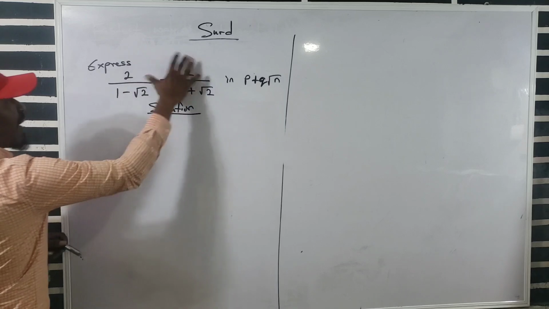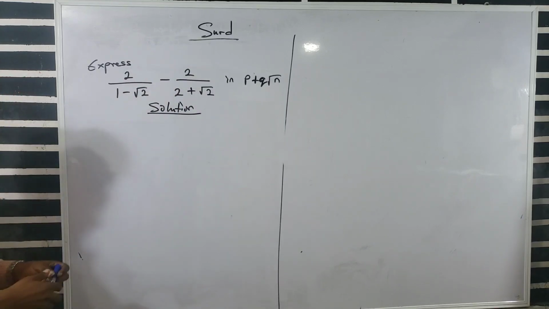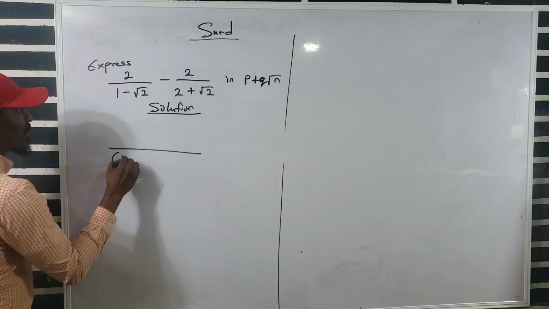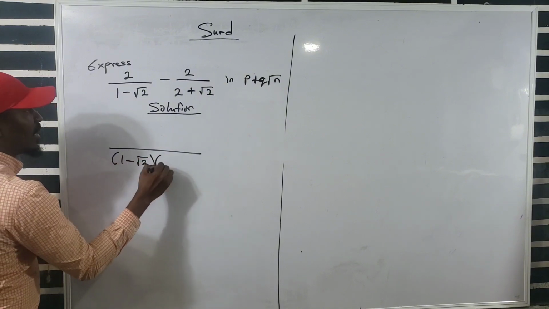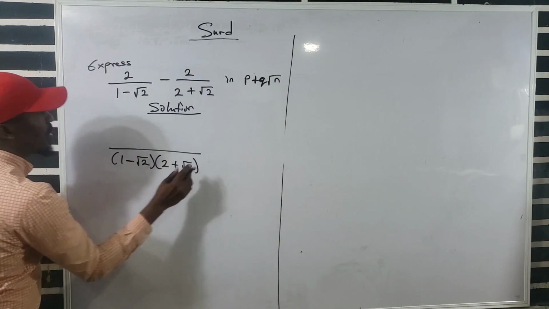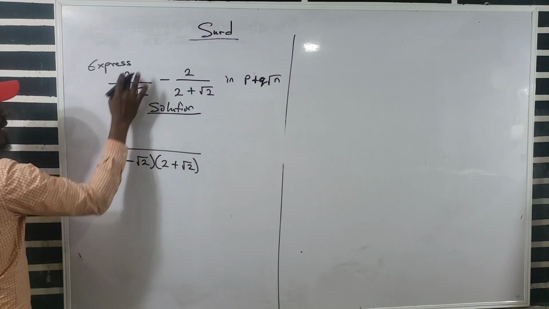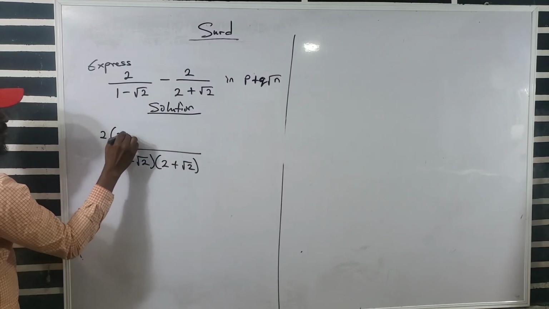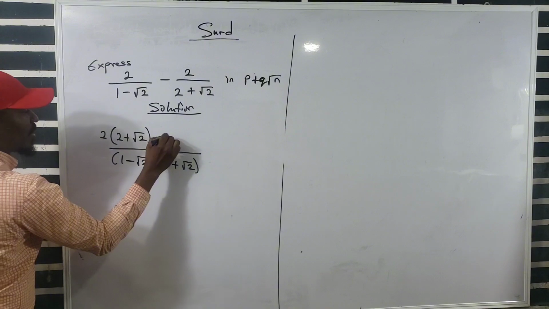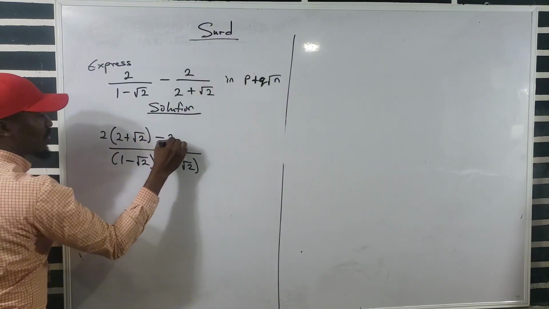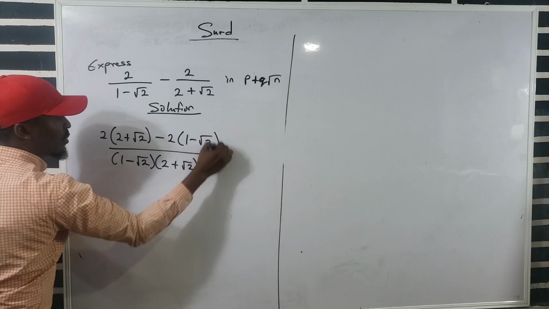This is a fraction, so we take the LCM. The LCM will give us 1 minus root 2 into 2 plus root 2. So this divided by this gives this times this, which is 2 into 2 plus root 2, minus this divided by this gives this times this, which is 2 into 1 minus root 2.